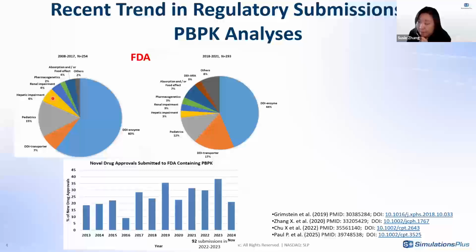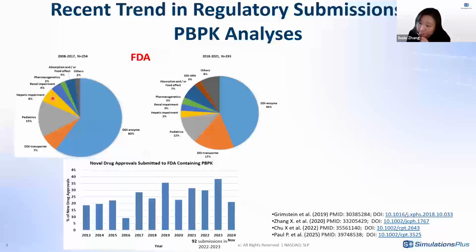As you can see, in terms of the utility of PBPK in each area, the distributions are similar across the two time frames. But if you look at the numbers, the first 10 years versus the next 5 years, the numbers almost doubled from 2018 to 2021.